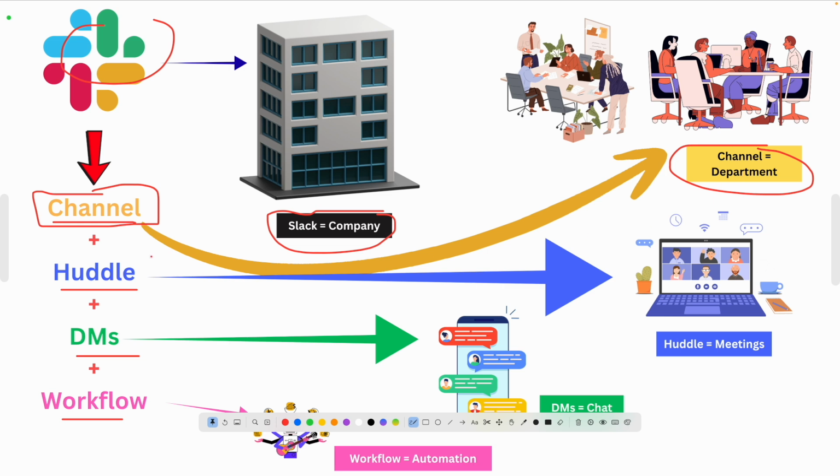And in any company we also have huddles, meaning we do meetings in our company. So in Slack we can also do meetings. Also the company people chat with each other. You can even chat with your customers, and so on.